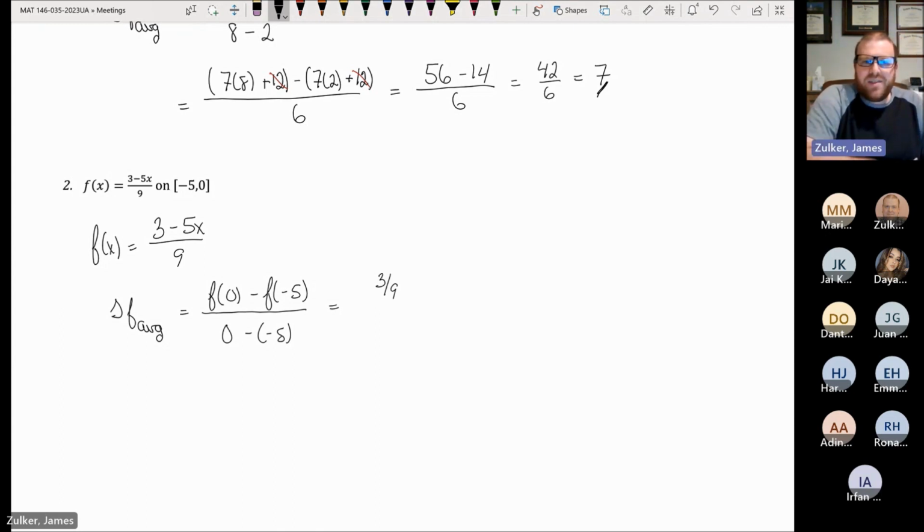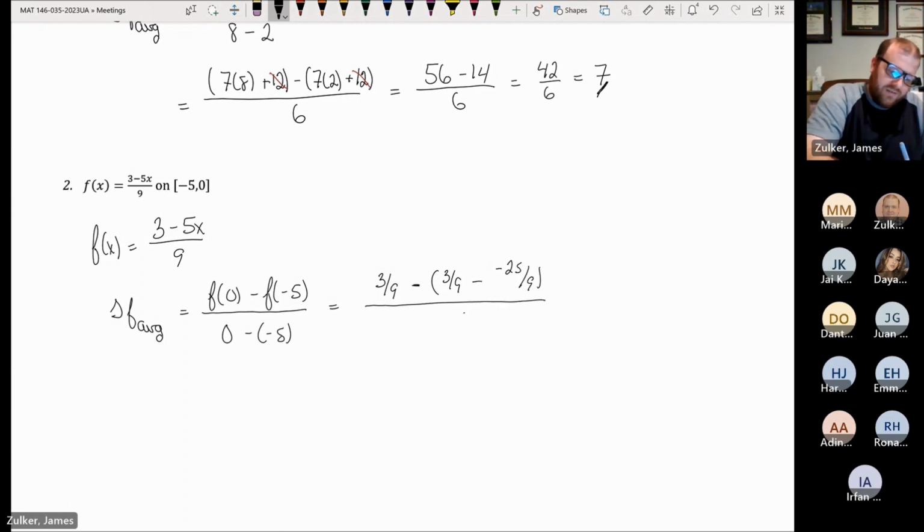f of 0 is 3/9 minus f of -5, which will wind up with 3/9 minus, looks like, -25 over 9. And then all over 5.